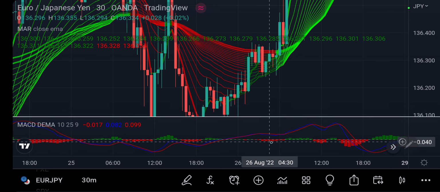The green bars appear here, which show us the bullish momentum, okay. And you see already the moving average of the MACD has crossed over the 0 line up, you can see here, and from here we can take the trades. This is our buy candle, okay, and the stop loss is just below the previous low here.